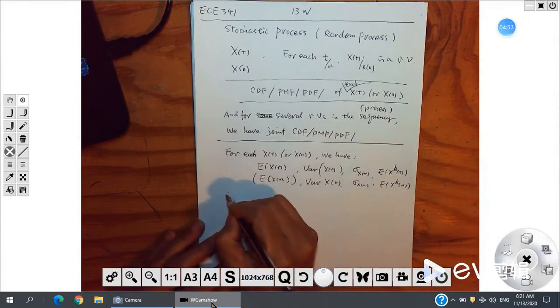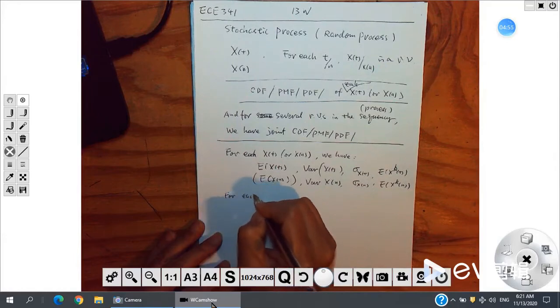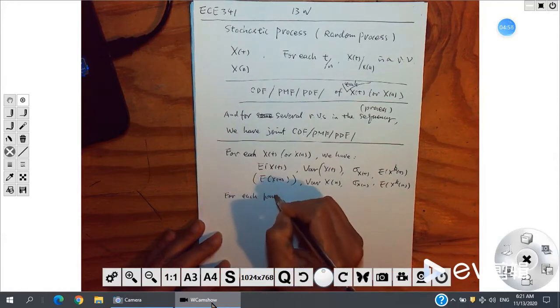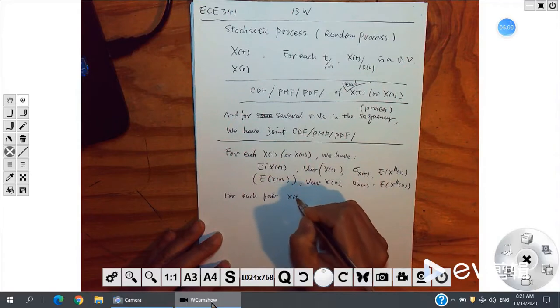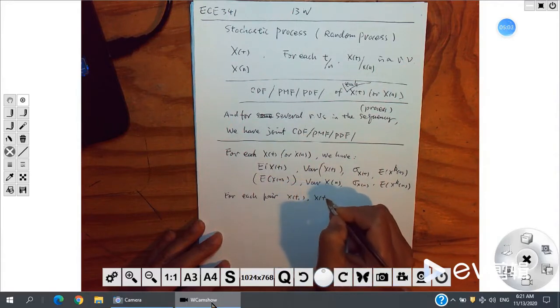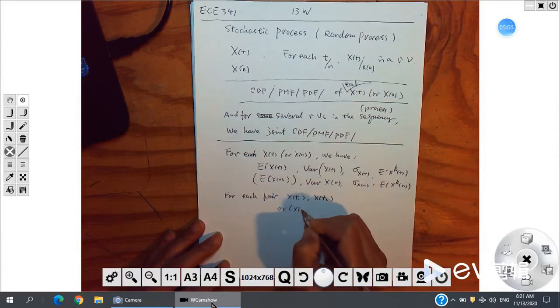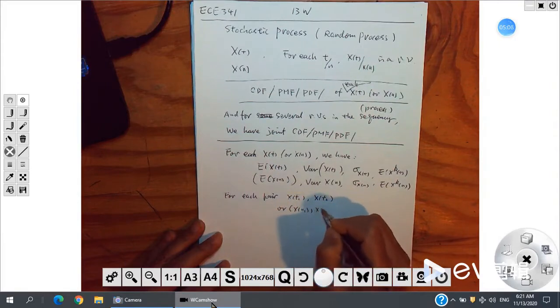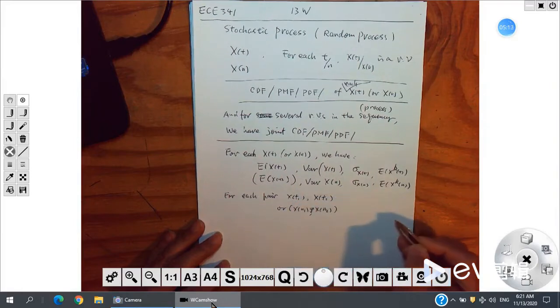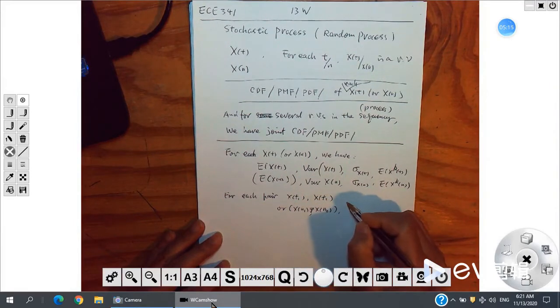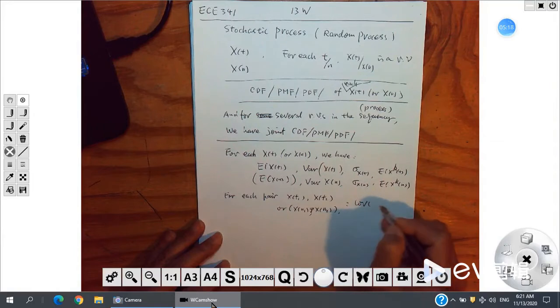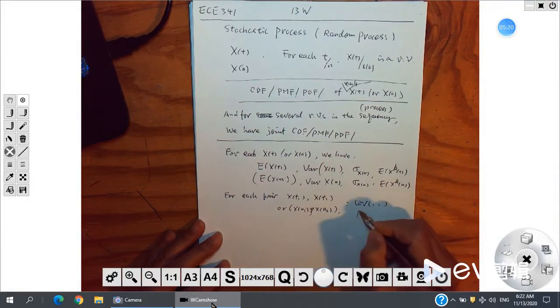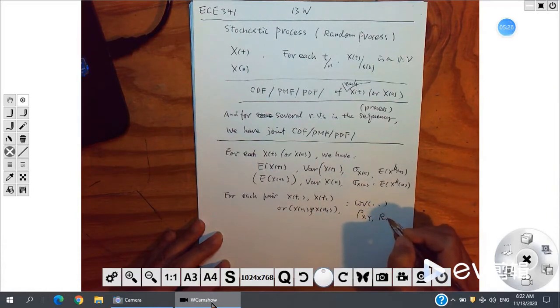And then for each pair, like x(t1), x(t2), or x(n1), x(n2), we can have covariance, right? We can have covariance and covariance coefficients and correlation coefficients.